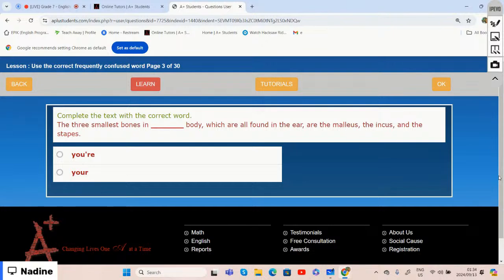The three smallest bones, do you say in your body or in you're body, which are all found in the ear, are the malleus, the incus, and the stapes?